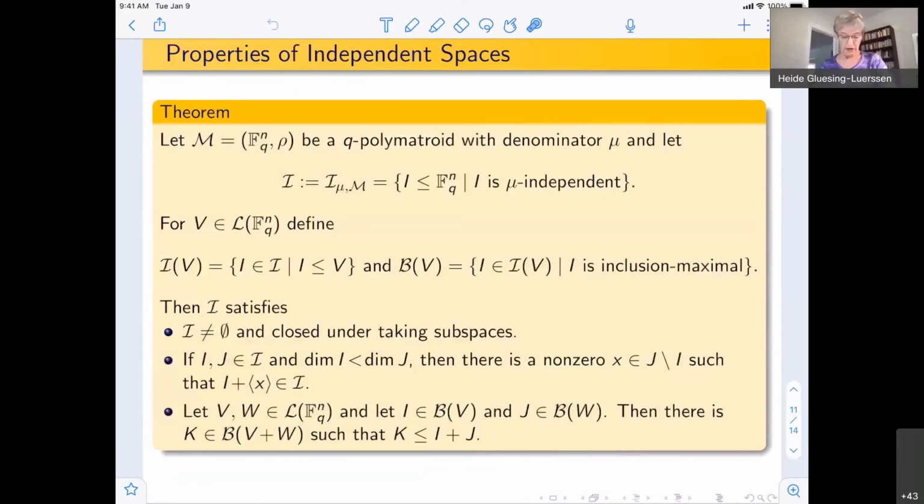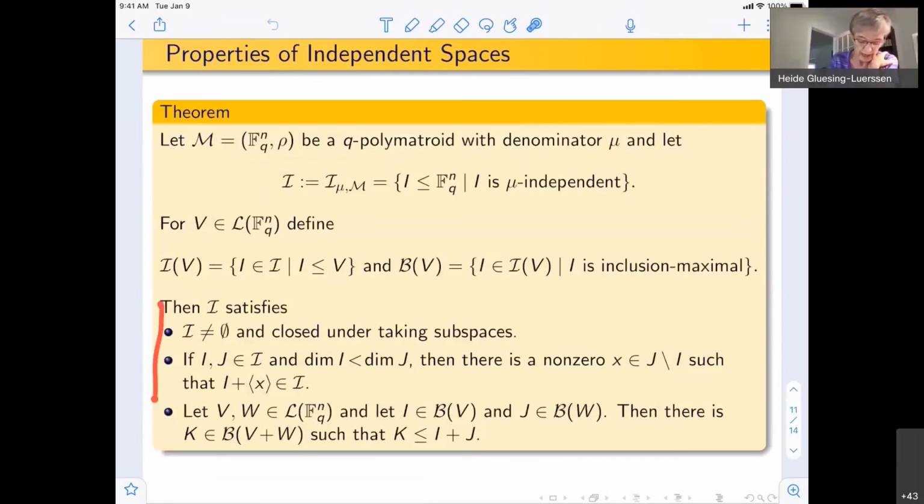And here are now the good news, first without the rank value. I come to the rank value in a moment. So given our q-polymatroid, denominator mu, our collection of mu-independent spaces, curly I, depending on mu, it turns out this collection satisfies exactly the same properties as for q-matroids.